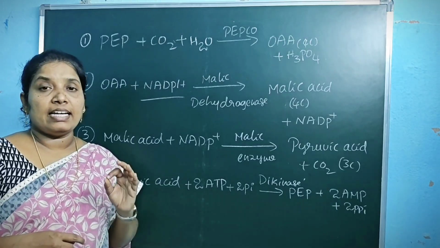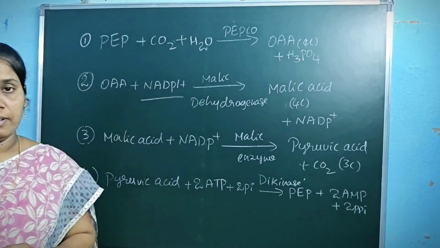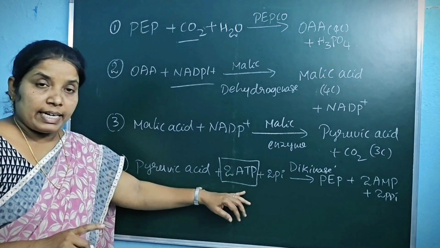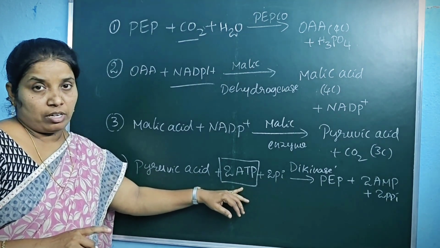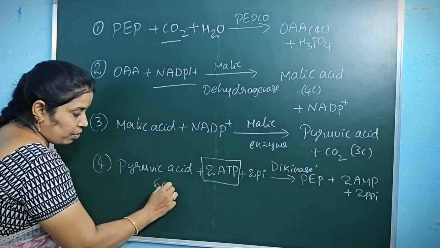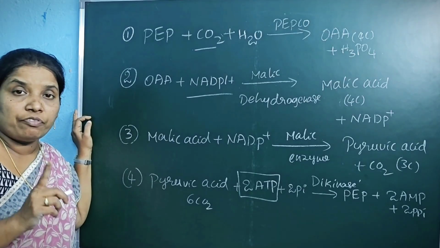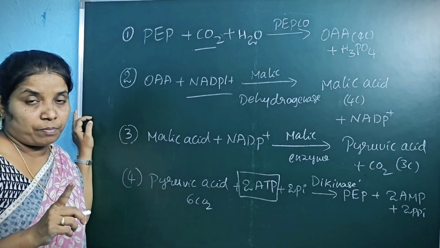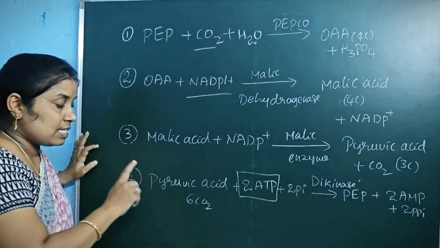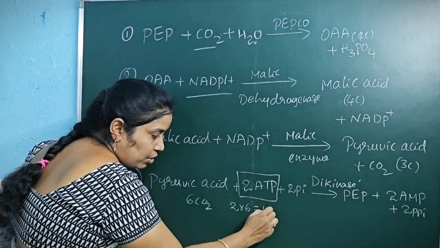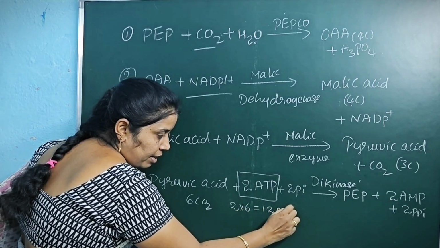So let's see the energetics of the C4 cycle. For the fixation of each CO2 molecule, 2 ATPs are required additionally. For one molecule of glucose synthesis, 6 carbons have to be fixed. For 6 CO2, 2 into 6, that is 12 ATPs are required.